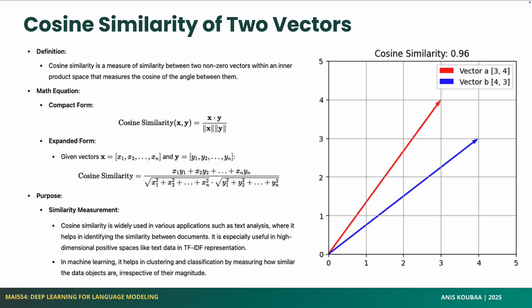The normalized vector of X, right or not? And this is the normalized vector of Y. And the dot product of the two is the dot product of what? Of normalized vectors. Clear? So the cosine similarity is the dot product of the normalized vectors.